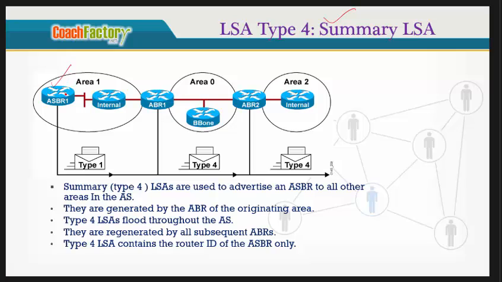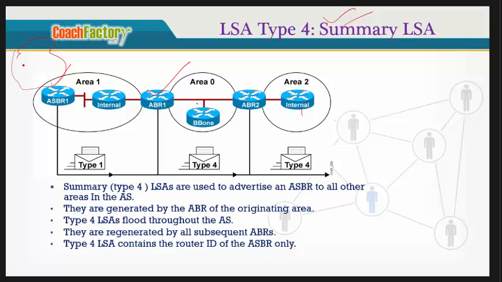This information will be advertised by the ABR using LSA type 4, so that if this router wants to access some external routes which are connected to the ASBR, it can.